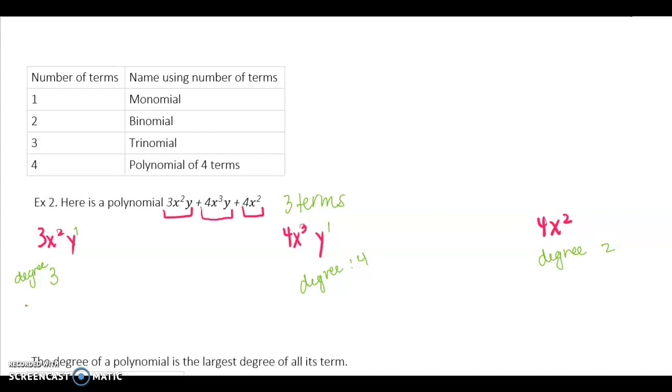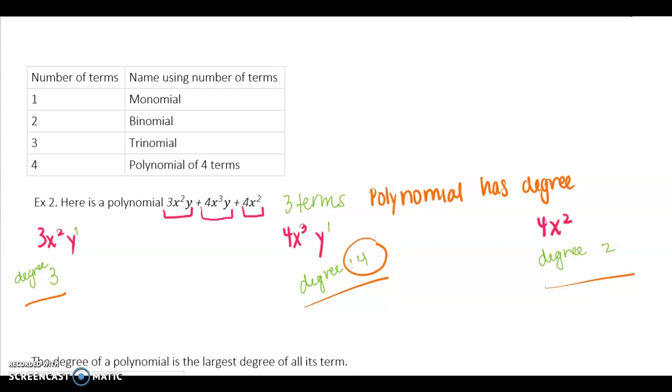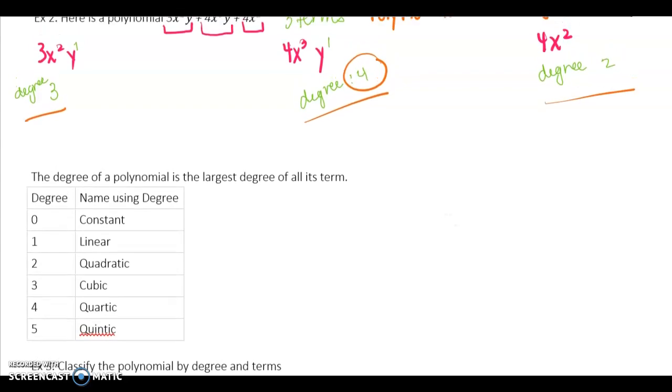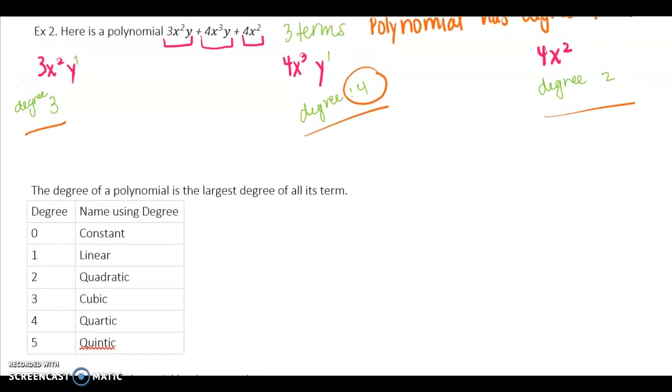So, out of these 3 degrees, the one that's the highest is the 4. So the polynomial has degree 4. Okay, so each term has a degree, but then the highest of those degrees is the degree of the polynomial.